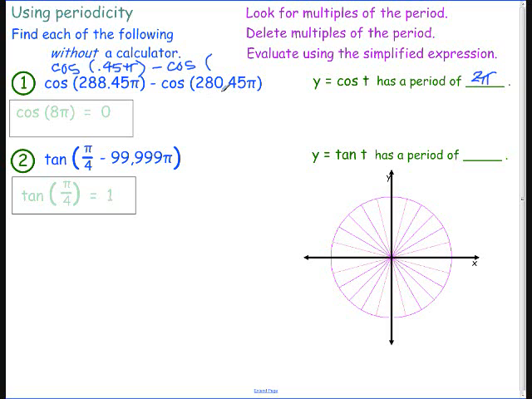and the same thing's going to happen here, right? Multiples of 2 pi and end up with 0.45 pi.